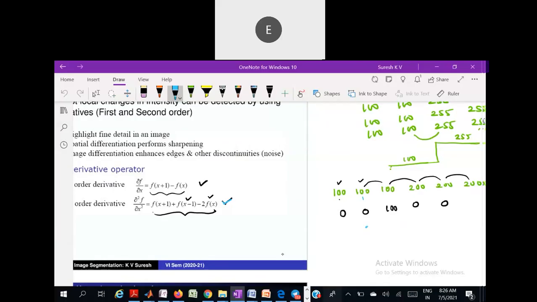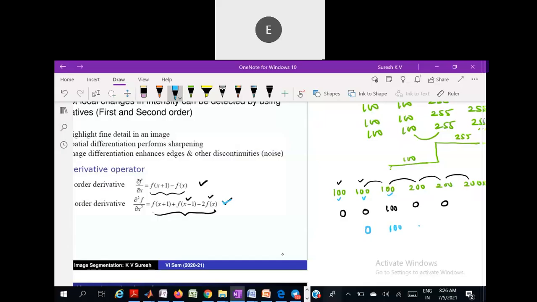That means this should be taken as f of x, this will be your f of x plus 1, and this will be your f of x minus 1. What is the value? It's a simple formula and you know the values. Can somebody unmute and tell me? 0, sir. 0, because 100 plus 100 minus 200 is 0, correct? What is the value here? 100. 200 plus 100 is 300, minus 200, this will be 100.